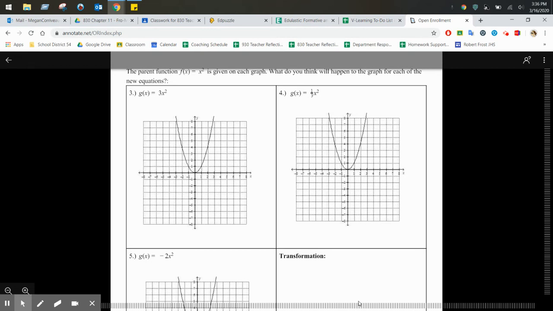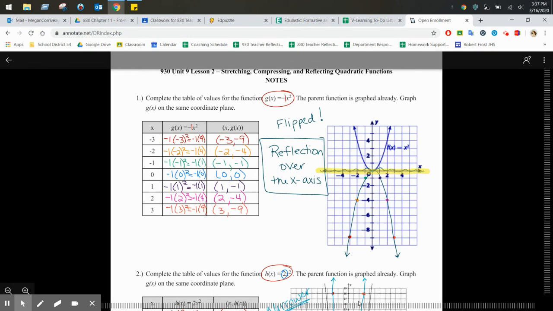So when I look at my new equation here, my new equation is going to be g of x equals 3x squared. Again, my original f of x is graphed for me right there. So g of x is going to be multiplying by 3, right? This number that we multiply by, I probably should have said that back here. The number that we multiply by, we call this a.